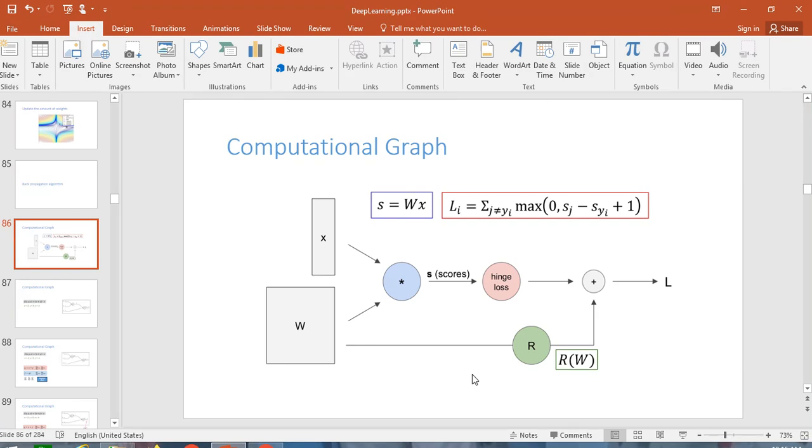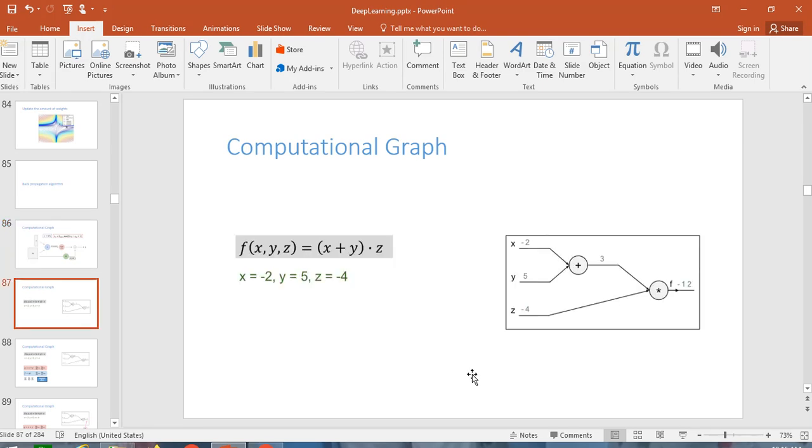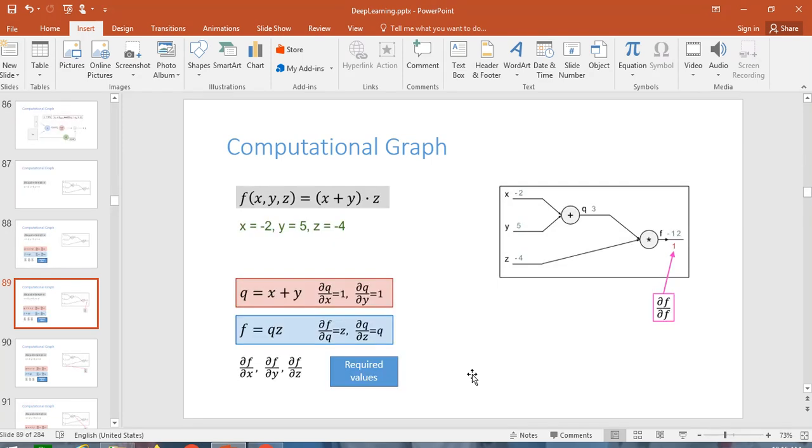First, a simple example. We want to calculate the loss differential with respect to x, y, and z. So the goal is to calculate these 3 keys.